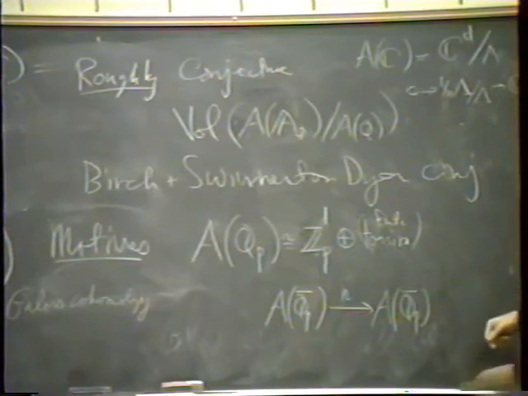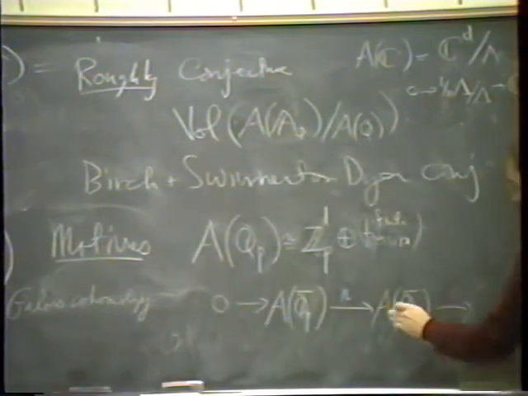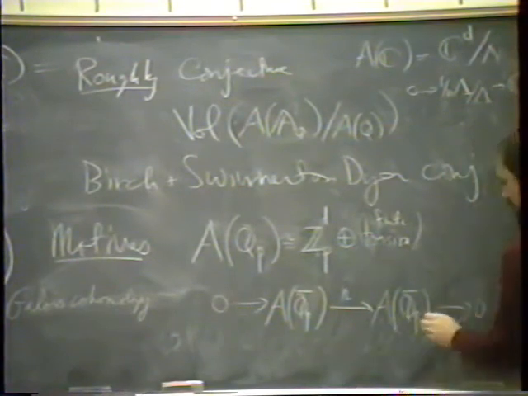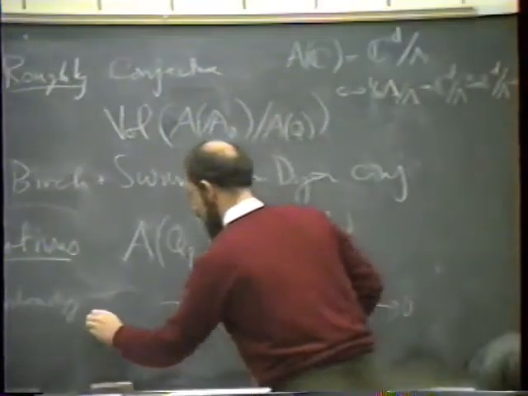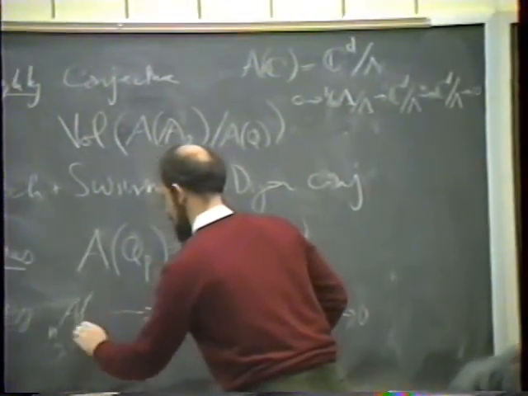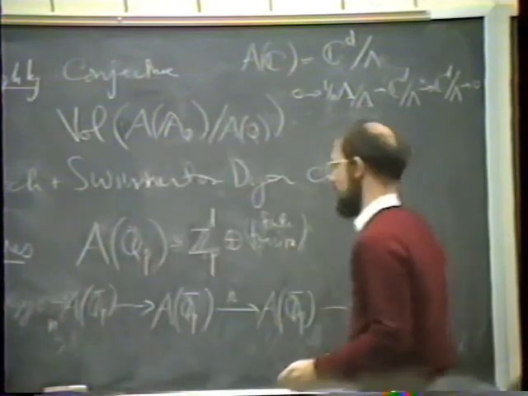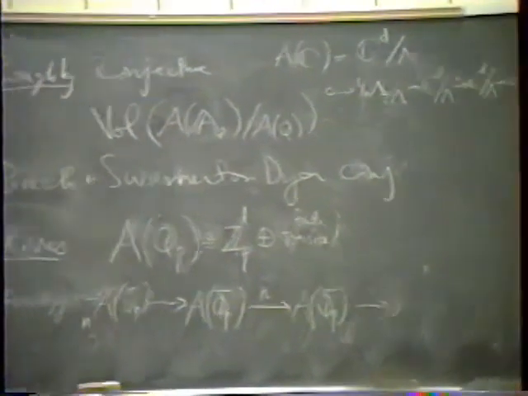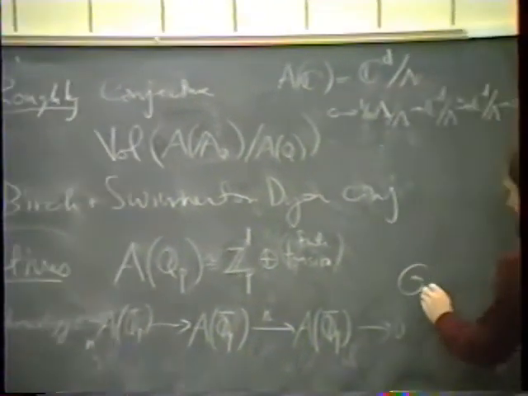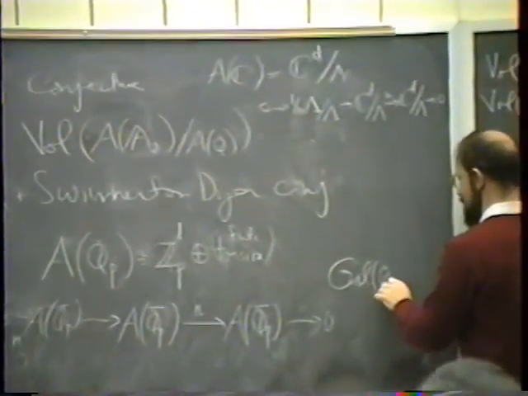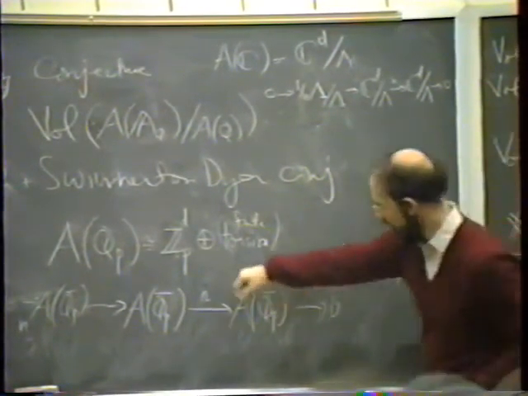And similarly, in this more algebraic situation, I get something like this. This is not what I want. This is not 0. What comes here is the kernel of multiplication by n on these points. Okay? And now the Galois group operates on these points.